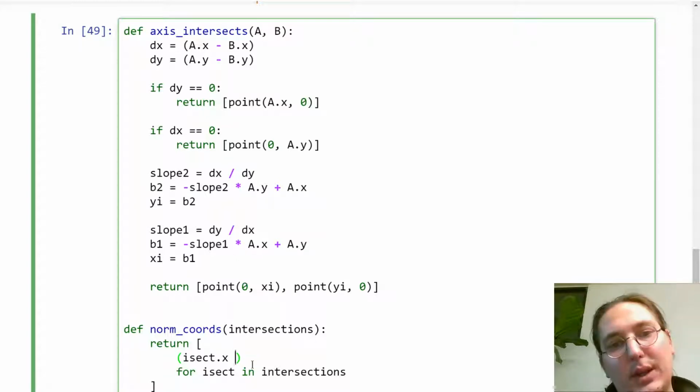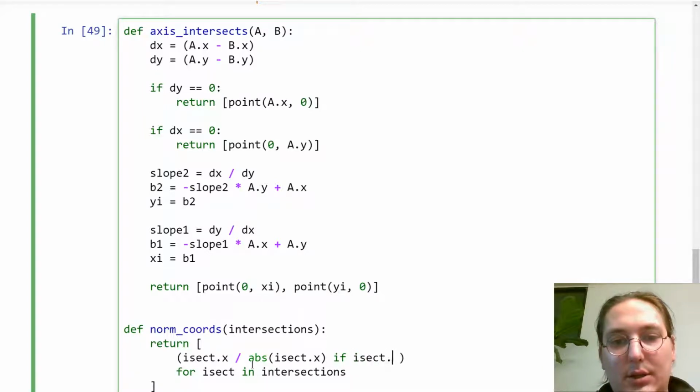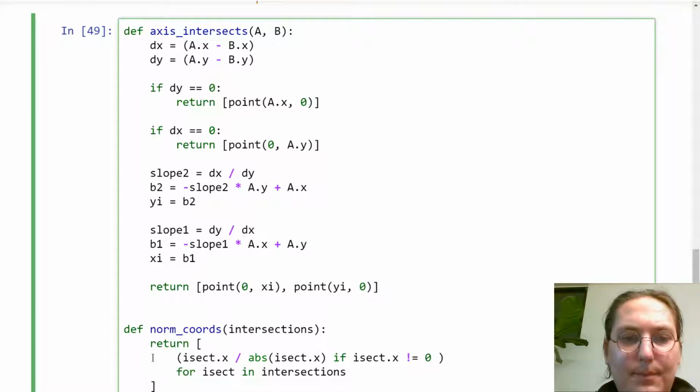So we take x if x, we do x over abs of isect x if isect x is not equal 0, and the y is the same.